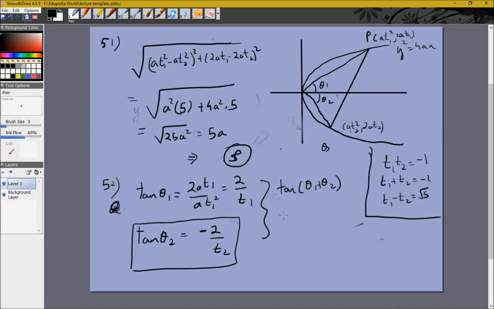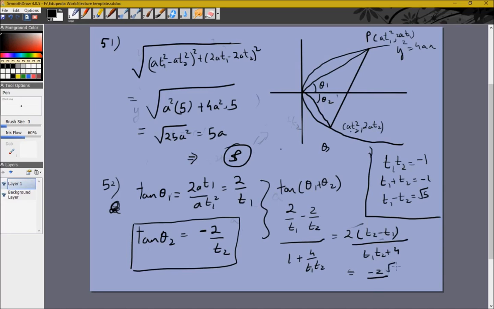Tan theta 1 plus theta 2 is simply tan theta 1 plus tan theta 2 by 1 minus tan theta 1 tan theta 2, or 2 by t1 minus 2 by t2 by 1 plus 4 by t1 t2, which is equal to 2 times t2 minus t1 by t1 t2 plus 4, which is equal to minus 2 times t2 minus t1 by t1 t2 plus 4. 2 times t2 minus t1 is minus root 5.